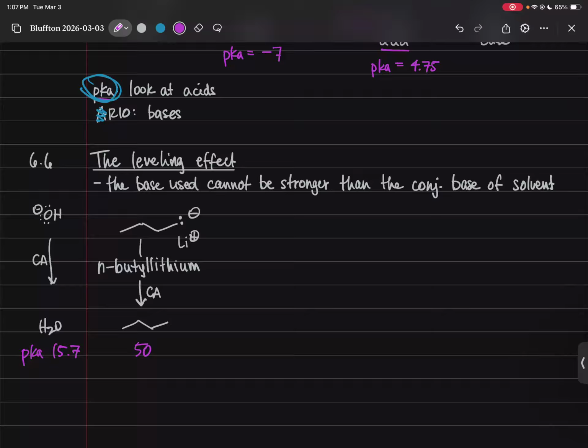So hydroxide is nothing. All right. For n-butyllithium, where the conjugate acid has a very high pKa and is a very weak acid, right? It's butane. It's not an acid. So that means the conjugate base is going to be an extremely strong base. Okay.